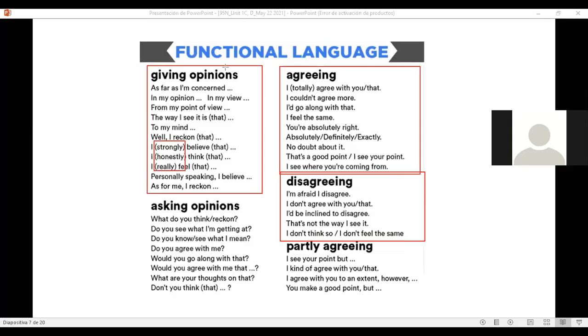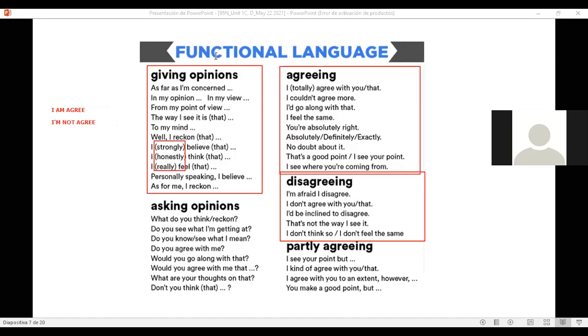Esto es muy, muy, muy importante cuando ustedes estén dando sus frases de agreement or disagreement. Escucho mucho en algunos casos que tienden a utilizar I am agree or I'm not agree. Okay. Be very, very careful with this, guys.